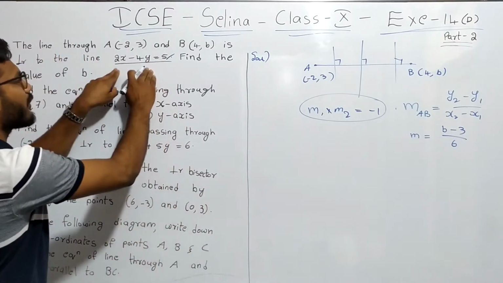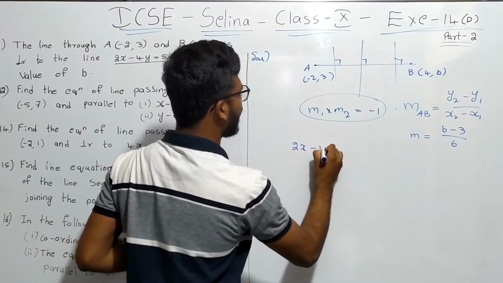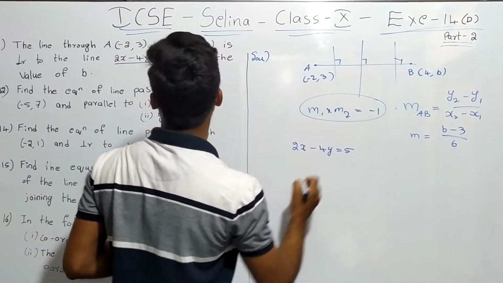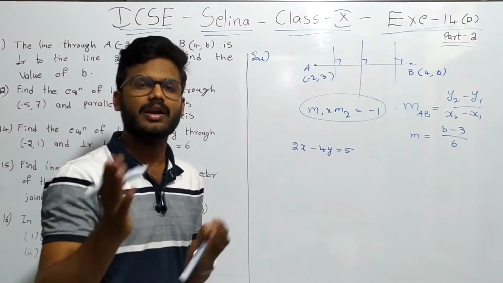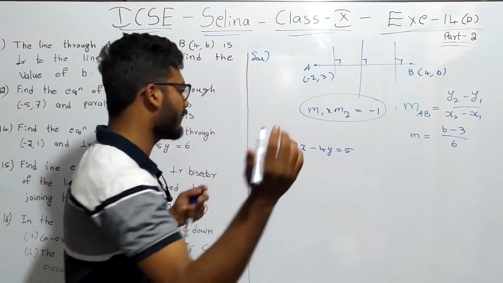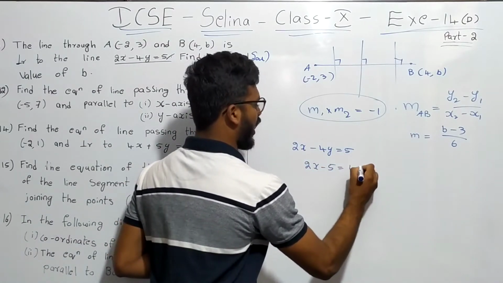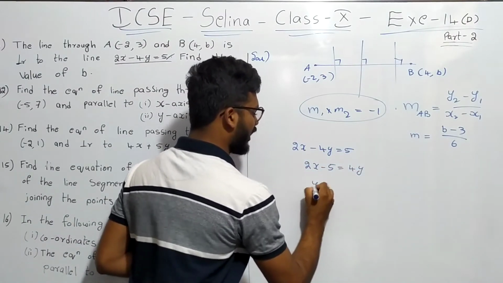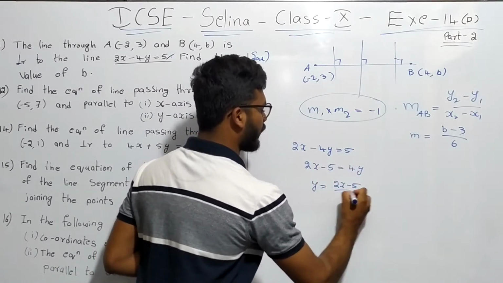And we have to find the slope of this line. Here they gave the equation, 2x minus 4y is equal to 5. To find the slope from the equation of a line, it is better to convert it into slope intercept form. So 2x minus 5 is equal to 4y, and y equal to (2x minus 5) by 4.